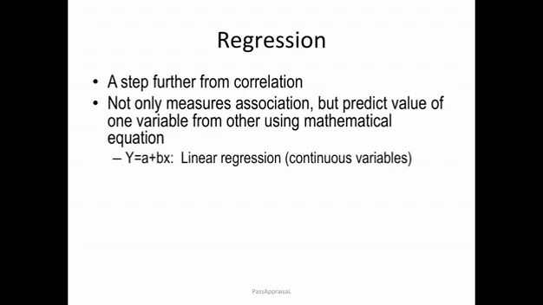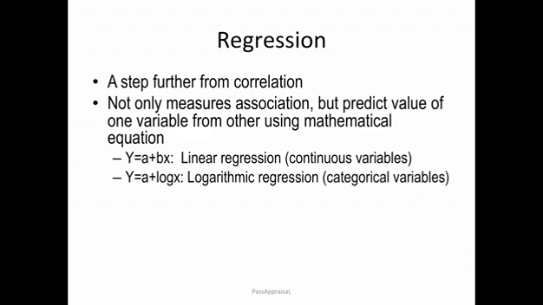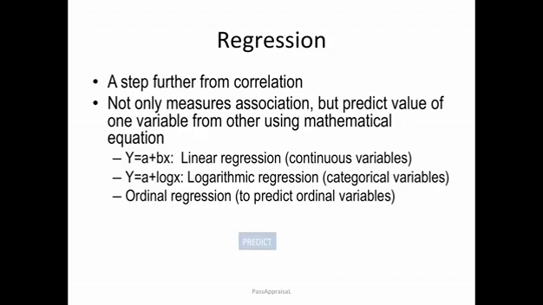These equations can be based on either linear function employed for continuous variables or logarithmic function. Logistic regression is used for categorical variables. Ordinal regression is an extension of logistic regression that is used for predicting ordinal variables. In summary, the term predict should make you consider the choice of regression when choosing statistical tests.